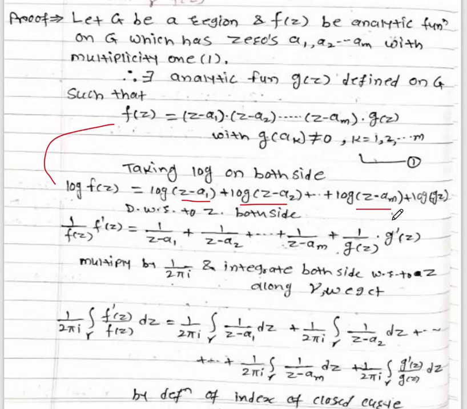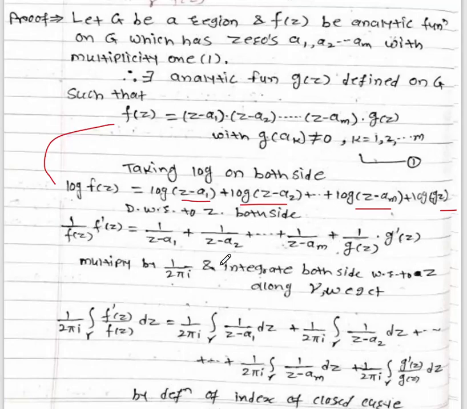This term will be 1 upon (z minus am) into 1, plus the last term will be the derivative of log g(z), that is 1 upon g(z) into g'(z). Okay, so we can write this step.